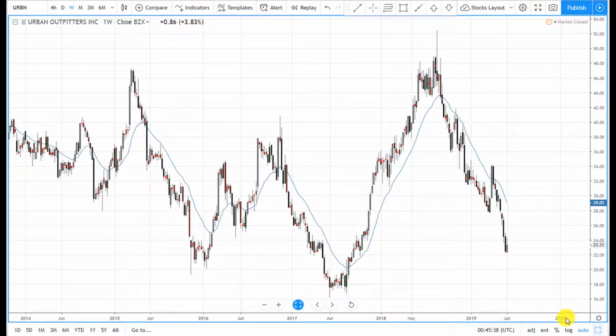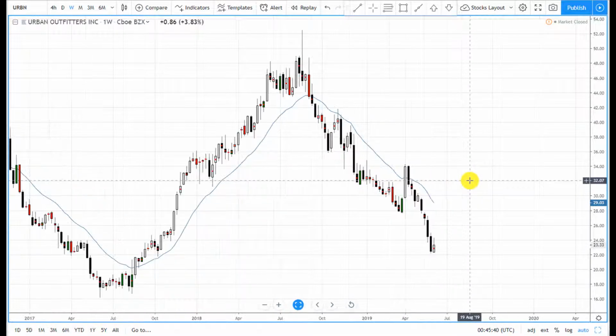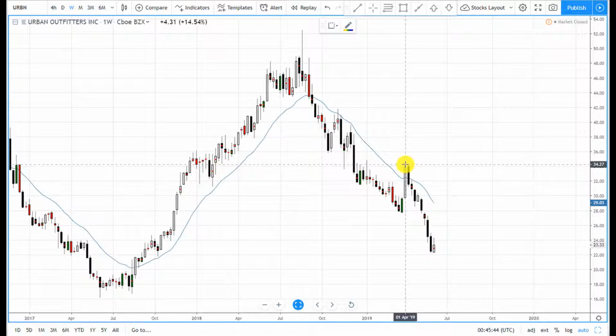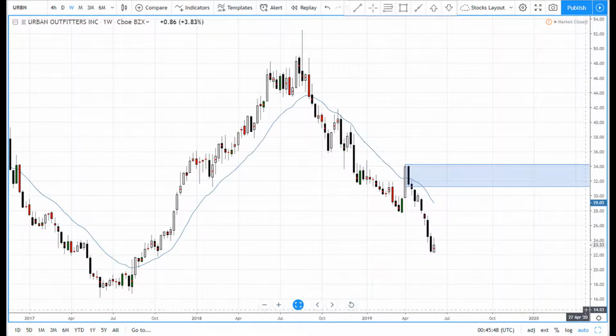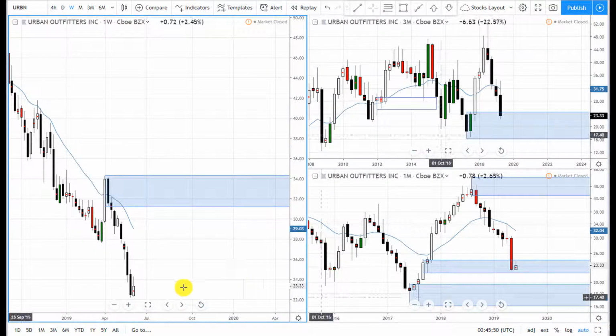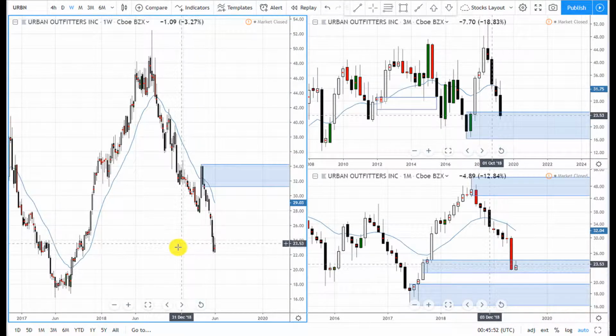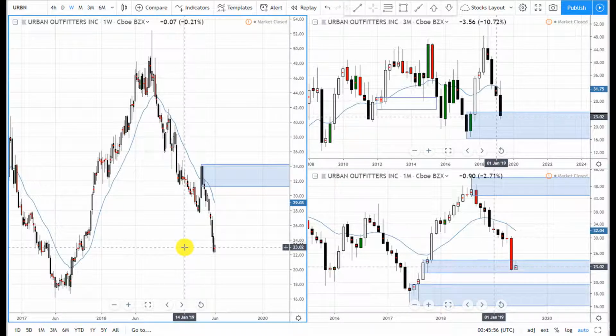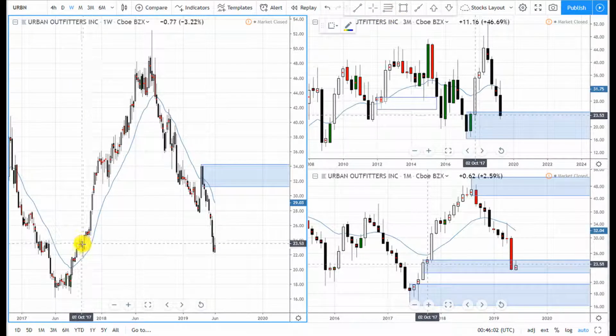And let's take a look at the daily. Daily created a supply zone here, but price is holding right here.